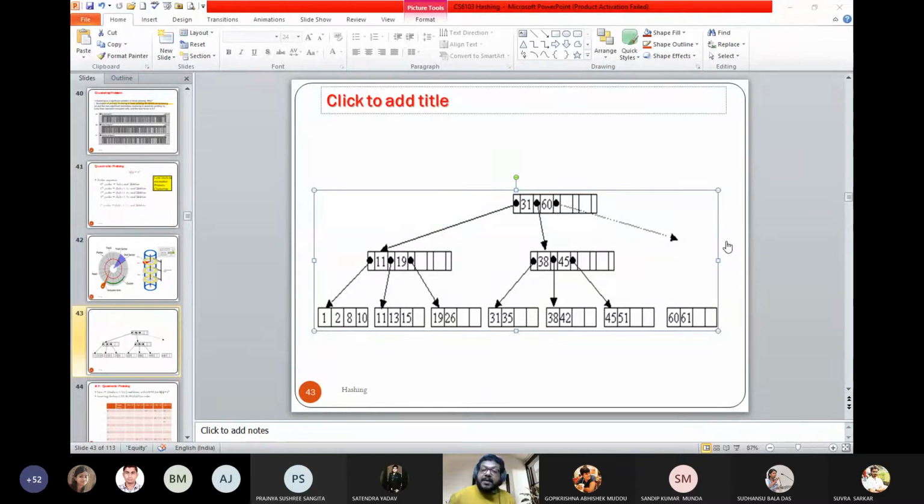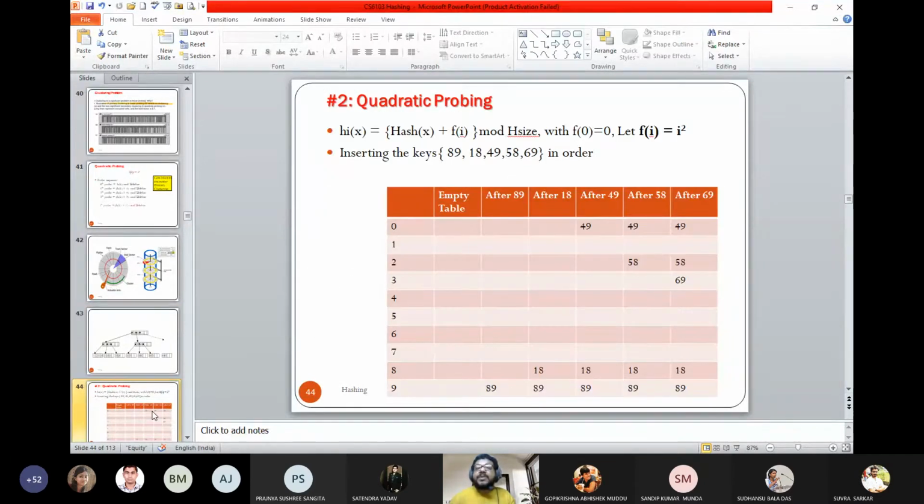But interestingly, when it is explained, people think I should learn only this much, and there is also a collision resolution technique. There are cases where a hash table is created, and cases where no table is created. Directly the primary key or the keys are used, and it is directly mapped to the storage space.